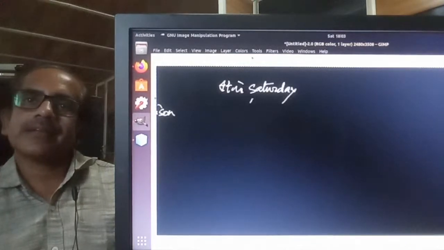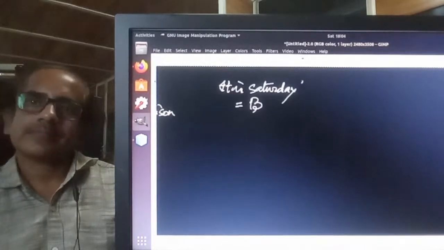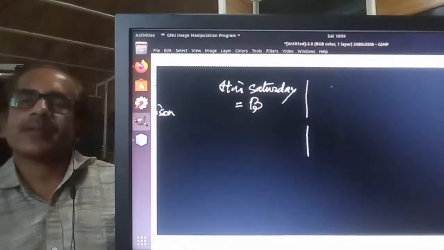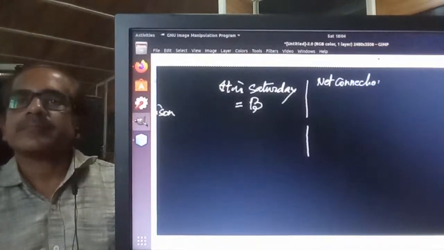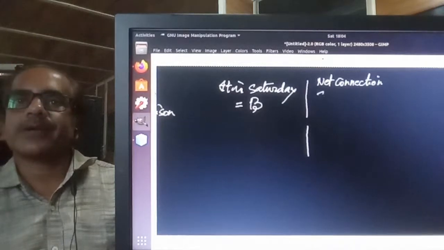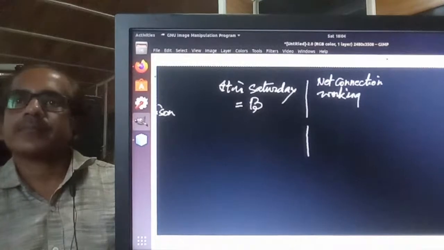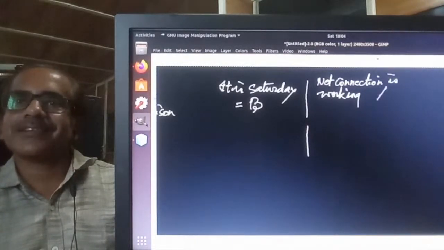Consider it as B. Net connection working. Net connection is working. Let us consider it as C.